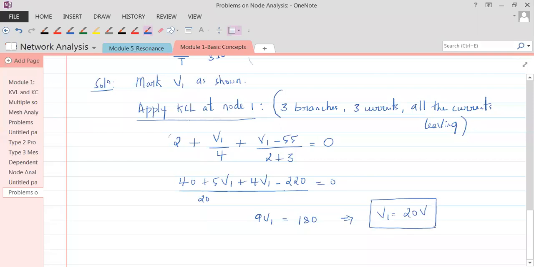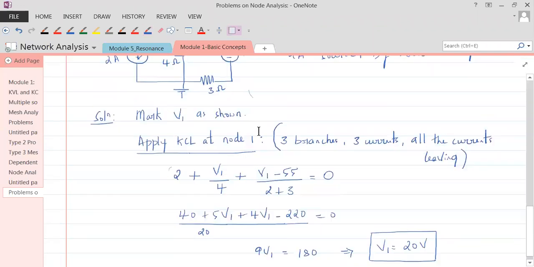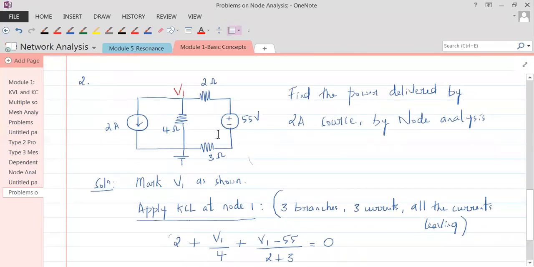Okay, what is asked? We are asked to find out the voltage. If you have not given the attendance, give your attendance now itself. See here, we are asked to find out the power delivered by 2 ampere source. Okay, let me take this separately.